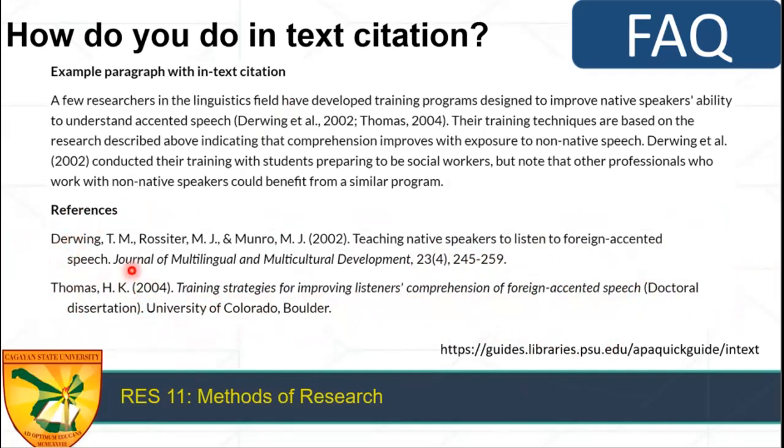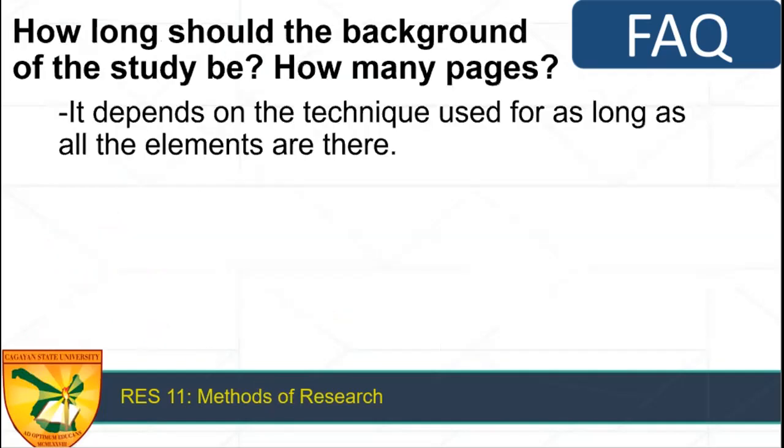I will be sending a link on how you will put in references. For example, you will get a master's thesis, a journal article, or a news page, the differences for writing the references.